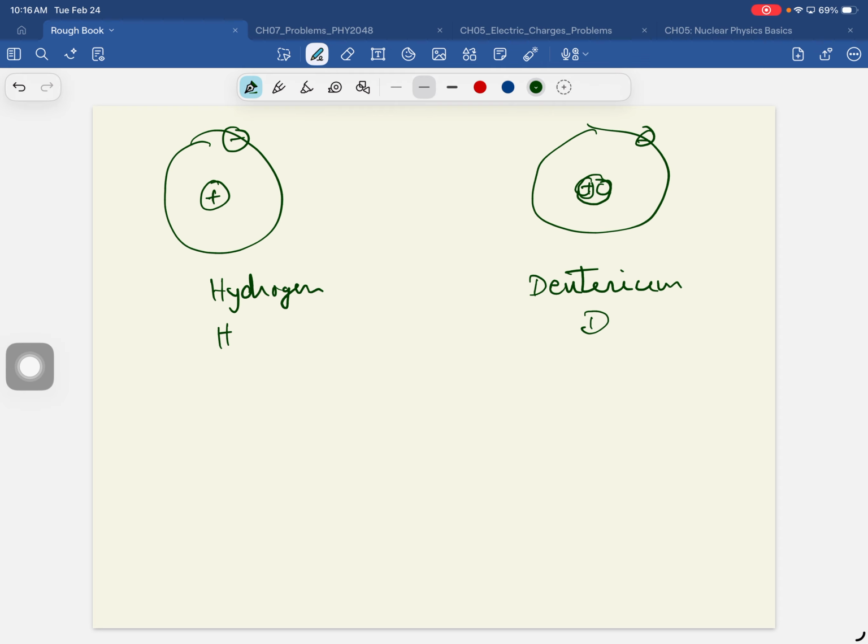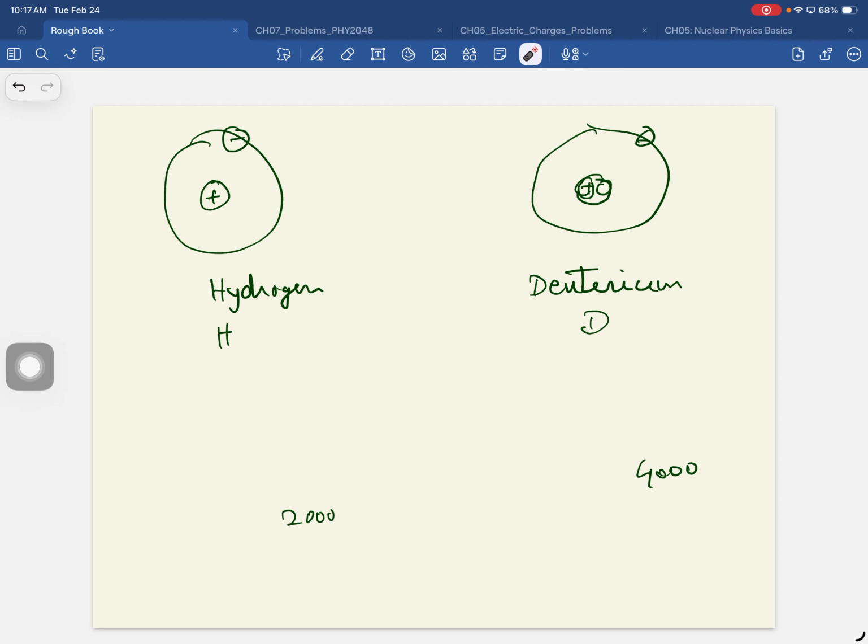Now, I said that if the mass of the electron is 1, the mass of this guy is about 2,000 units. How much does this guy weigh? Proton and neutron weigh the same. 4,000. Except that this guy is bound, so he weighs less than 4,000.